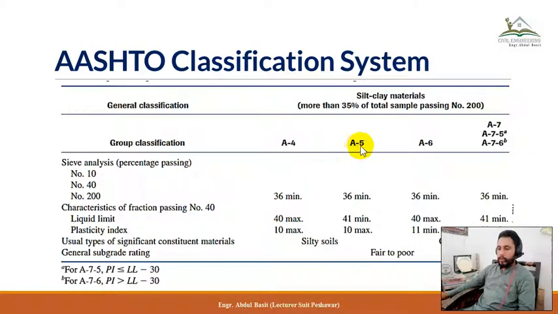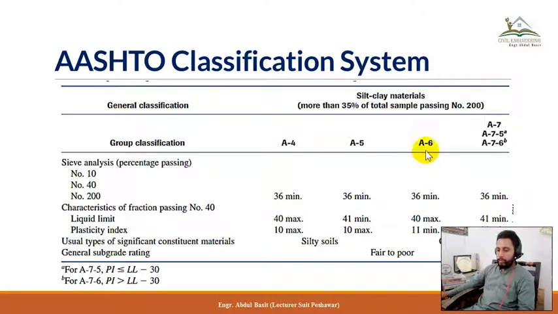Then moving on, here it is 36 minimum, and then this is 41 minimum. So you can have any value greater than 41, and here in the statement we have 60, so this condition is okay. Then the plasticity index is 40, and here we see that this is 10 maximum, so again this is not satisfied.